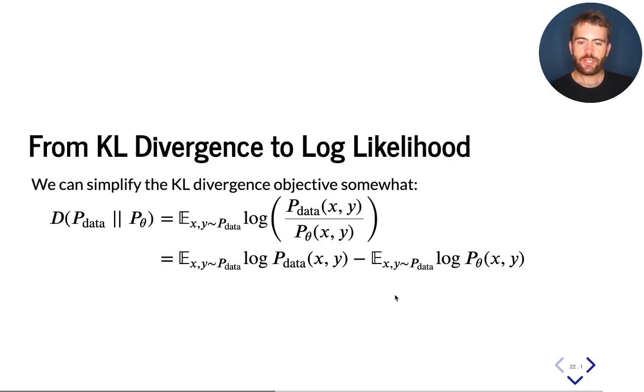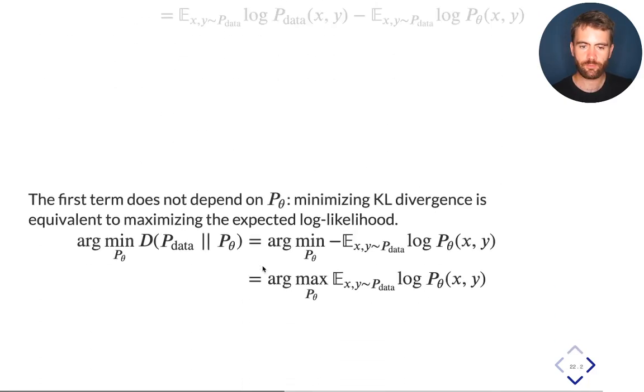And then the key observation here is that the term on the left is only a function of the data distribution, and our model is only found on the right-hand side. Therefore, if our only goal is to optimize for the model, we don't really need the left-hand term.